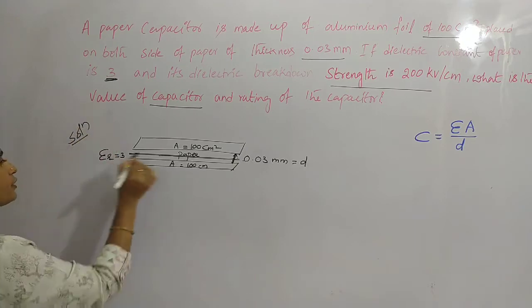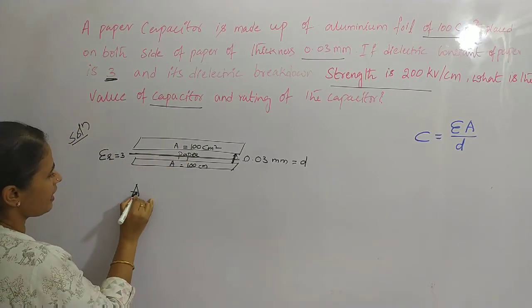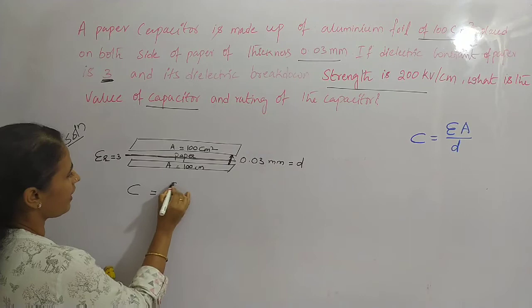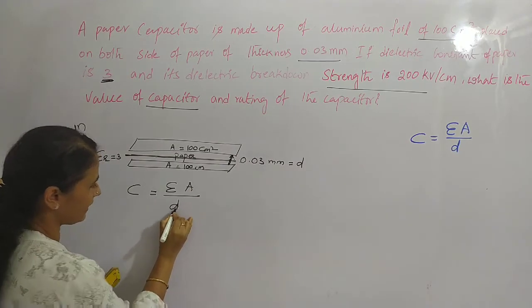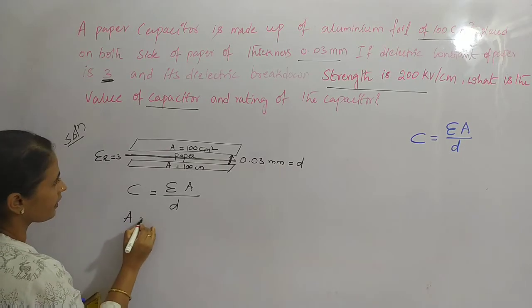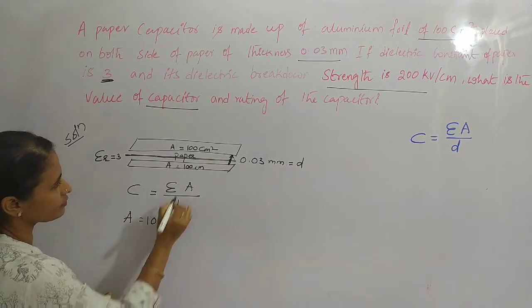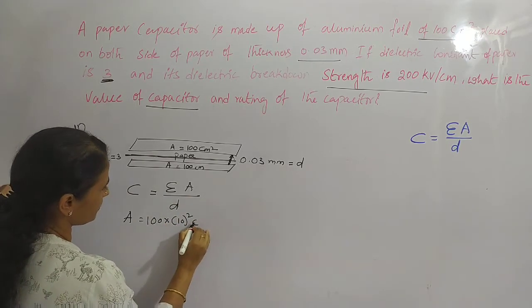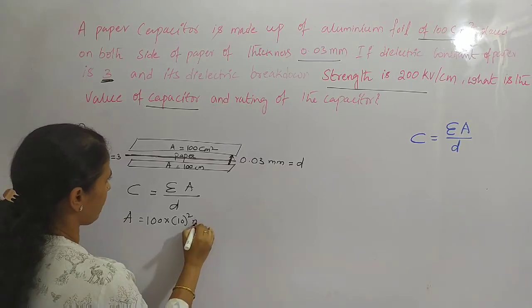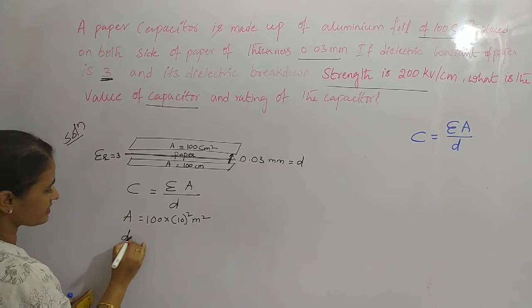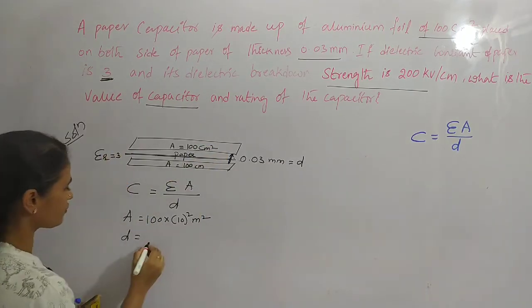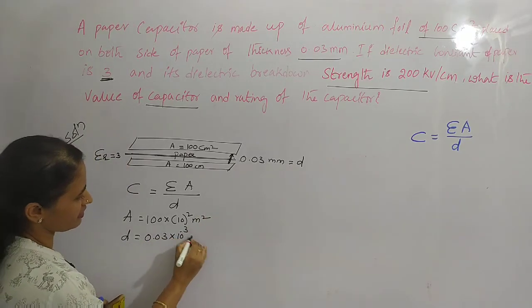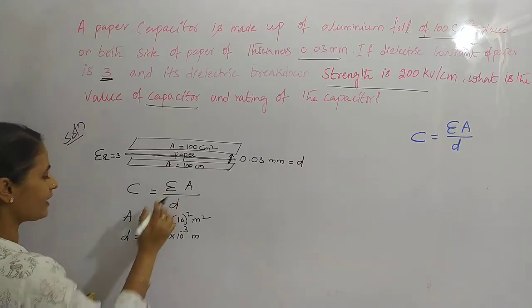There are two parallel aluminum plates, and the capacitance between two parallel plates is given by C as epsilon A by D. A is given as 100 centimeter square, which I will write as 10 to the power minus 2 meter square, and D is the separation between these two plates, 0.03 millimeters, which is 3 into 10 raised to minus 5 meters.